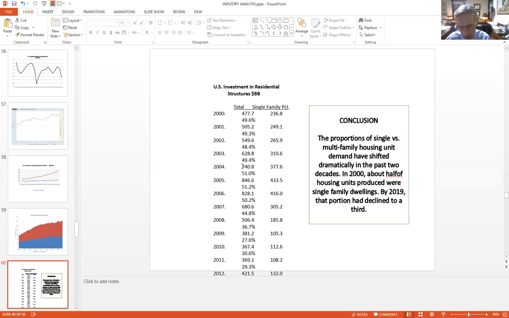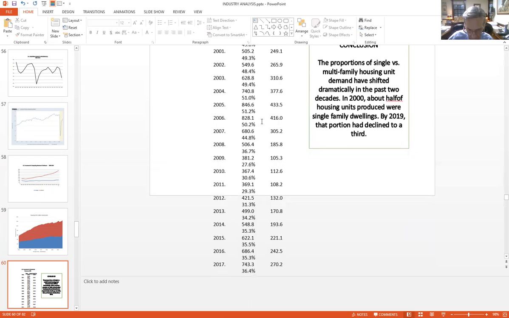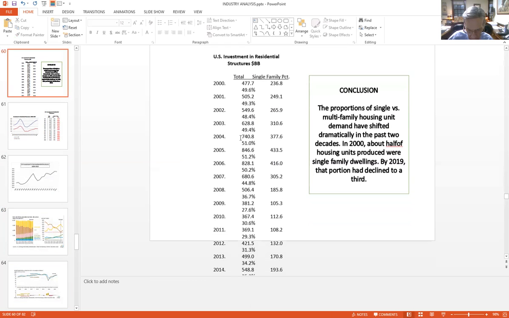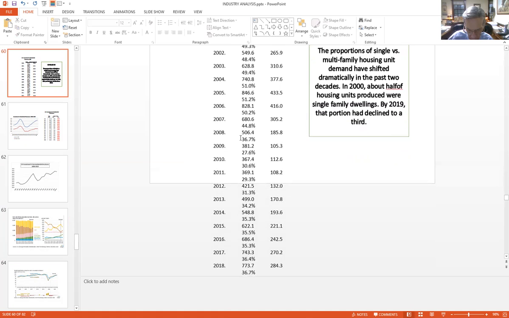So this table, when it's done right, would indicate that the portion of single and multifamily housing unit demand shifted drastically and in the direction of multifamily units. Okay, whoops. I've got to fix this chart, don't I?